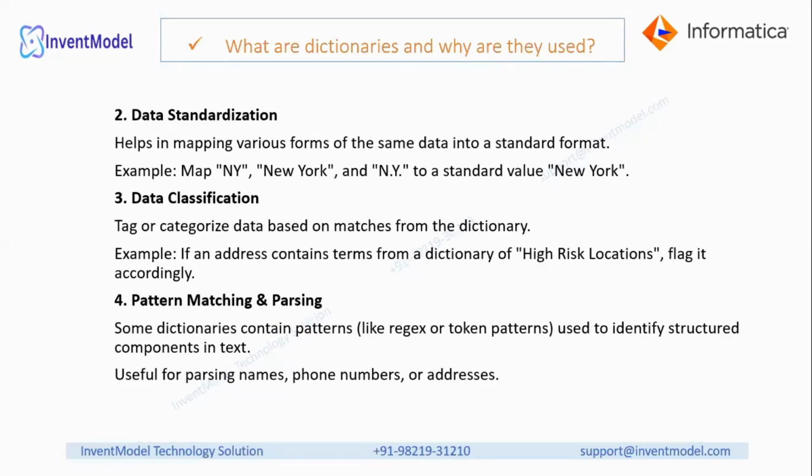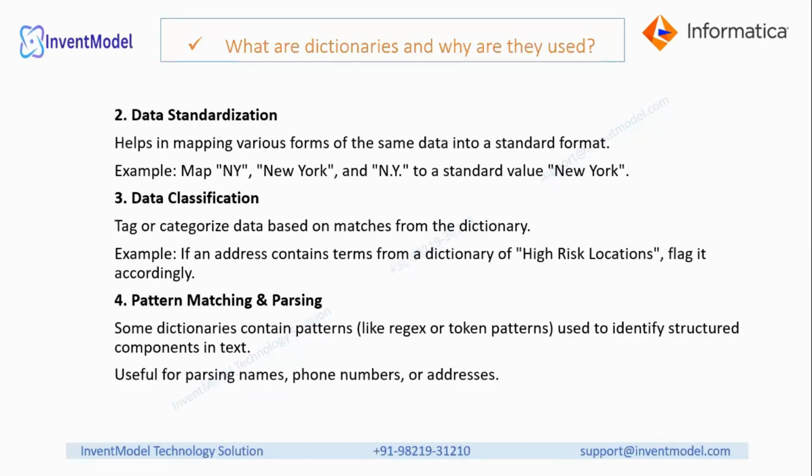Then we use it in data standardization, which helps in mapping various forms of the same data into a standard format. What is data standardization? Suppose for Newark, we are getting NY in some places, Newark in some places, N.Y. in others. This is not the correct format of the data.